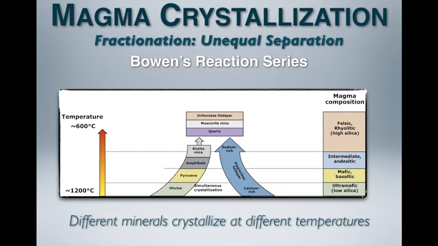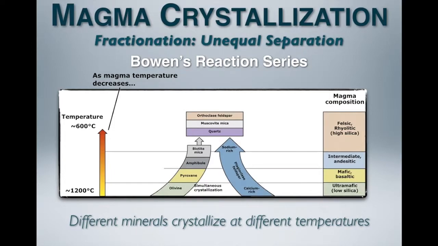Now, we've talked about different minerals crystallizing at different temperatures. This is known as Bowen's reaction series, where we have mineral crystallization and fractionation at different temperatures. And so this causes unequal separation of material. And so ultimately, we can start to look at the different rocks and minerals that we see and identify at what temperature it forms, which becomes really important for us when we want to tell the story of the rock.